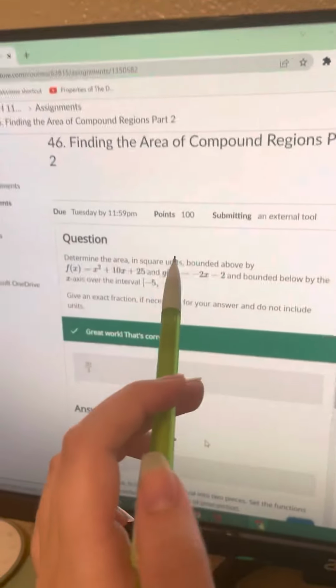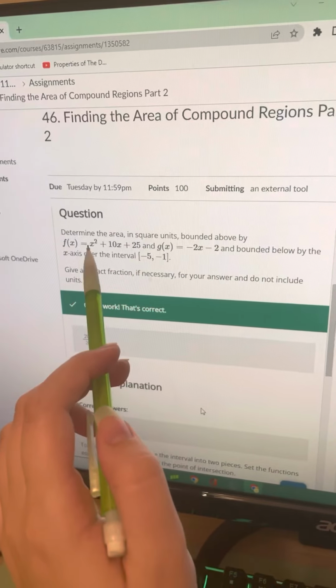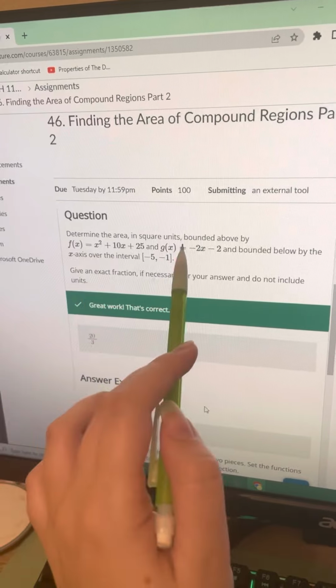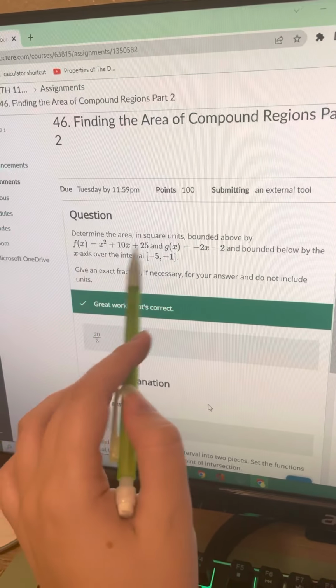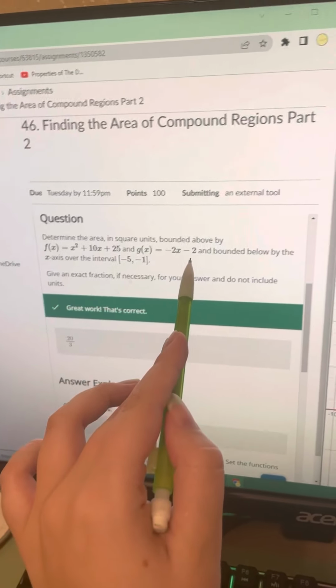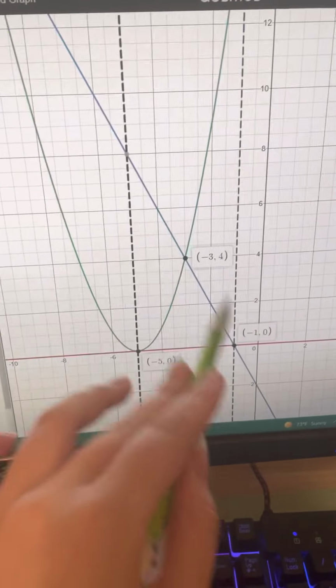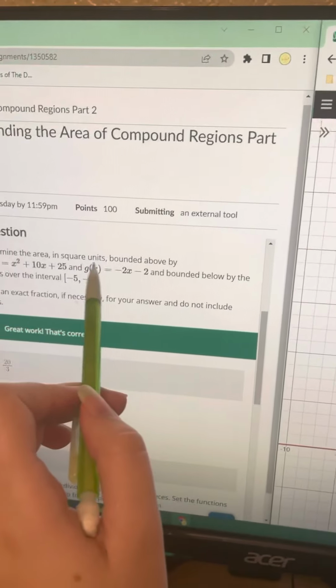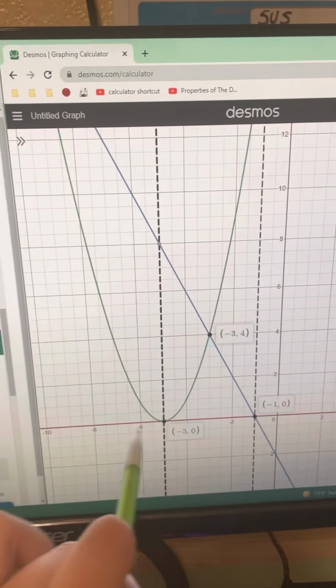Okay, so it's asking you to find the area between f(x), g(x), and the x-axis, and you know that f(x) and g(x) are the above functions of the problem, because one, it says it's bounded above, and if you graph it, you can just see it here.